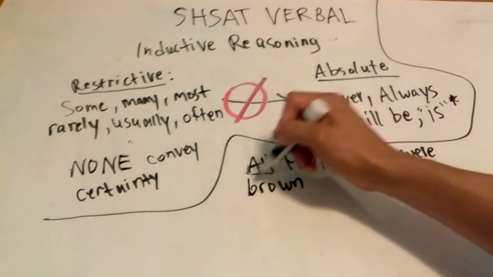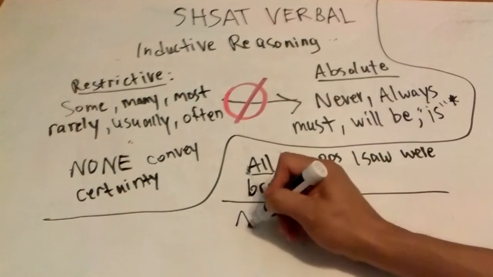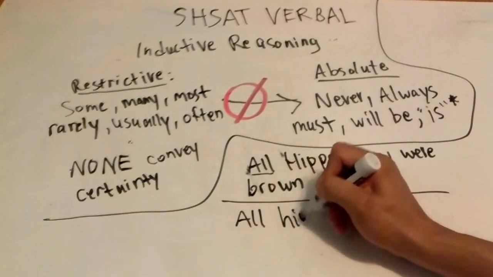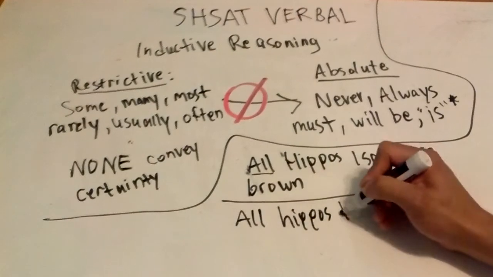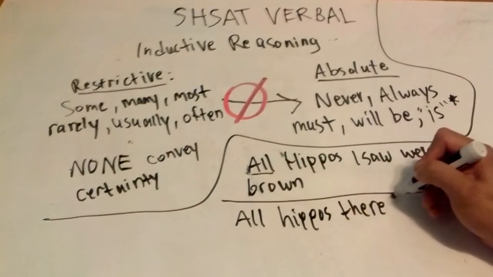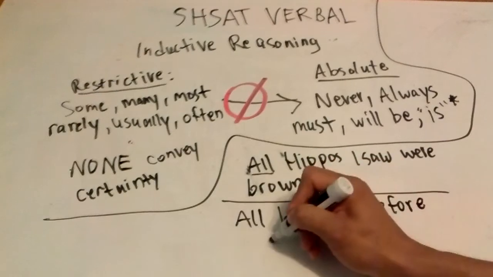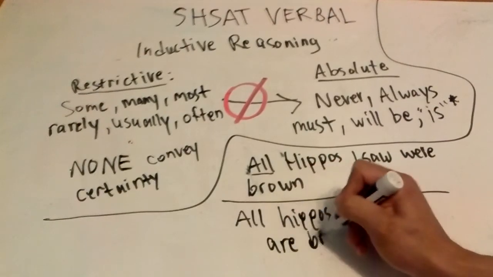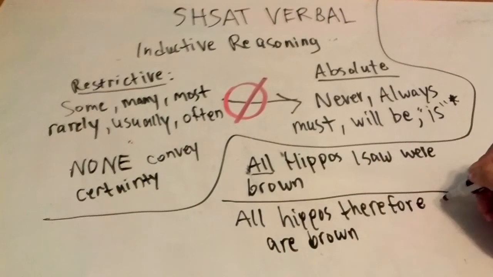Oh look, the word all is there. Is it safe for me to conclude that all hippos therefore are brown? Well, I went on my trip and say I saw 50 hippos. Is it safe to conclude because I saw 50 hippos that all hippos are brown?